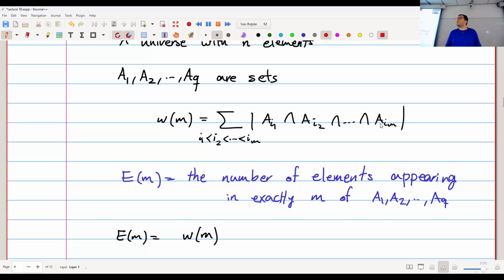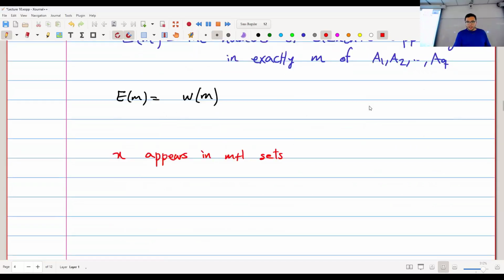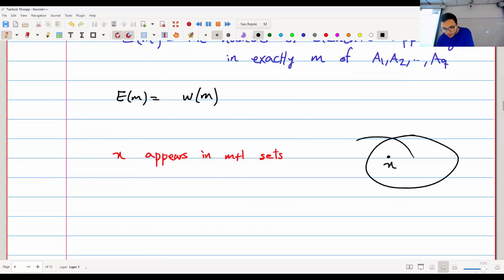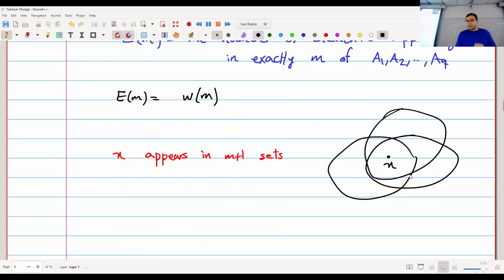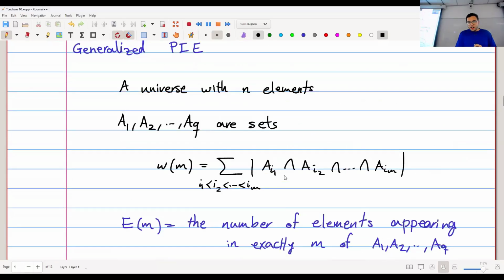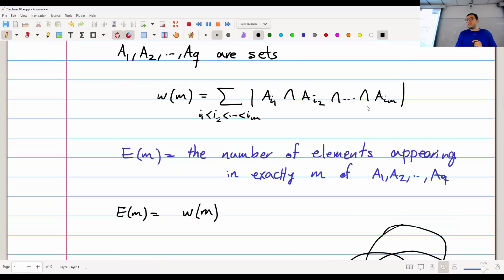So how many times have I counted X? M+1 times. Or to be more specific, M+1 choose M. Because again, imagine it like this. I have this X, and I have M+1 sets that include X. Let's say my M is 2 here, so I have 3 sets that include X. But here I'm considering any combination of 2 sets, and I'm adding the size of their intersection.